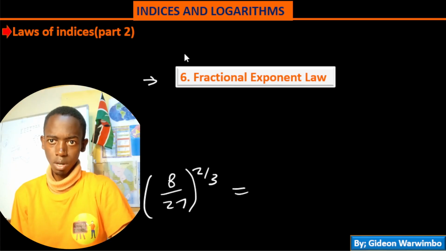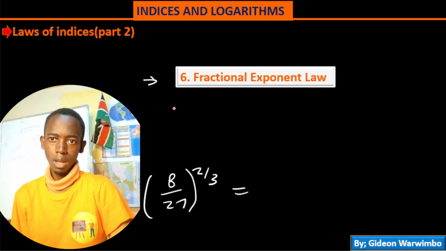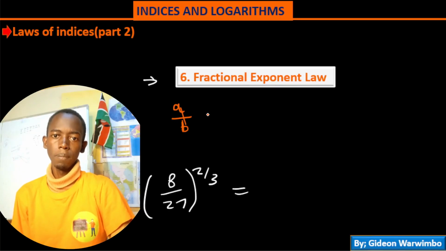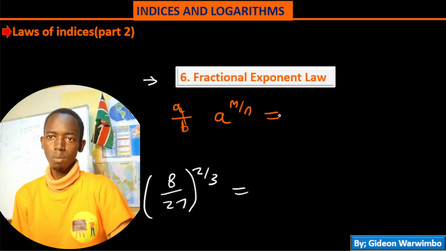It suggests that, generally, to make it easier for you, when you've got a case like a to the power m over n, this one will always be equivalent to the nth root of a to the power m.